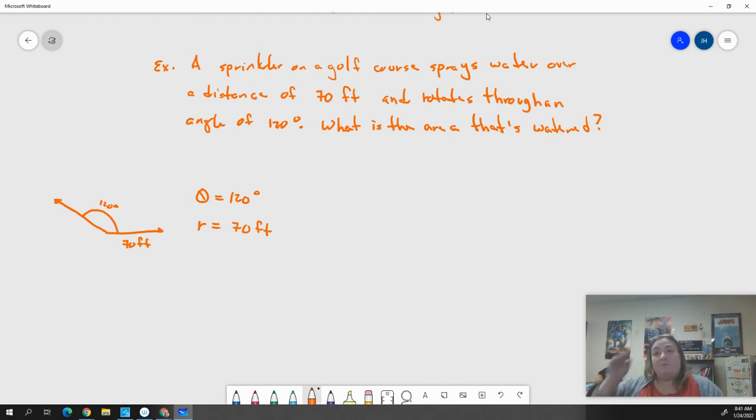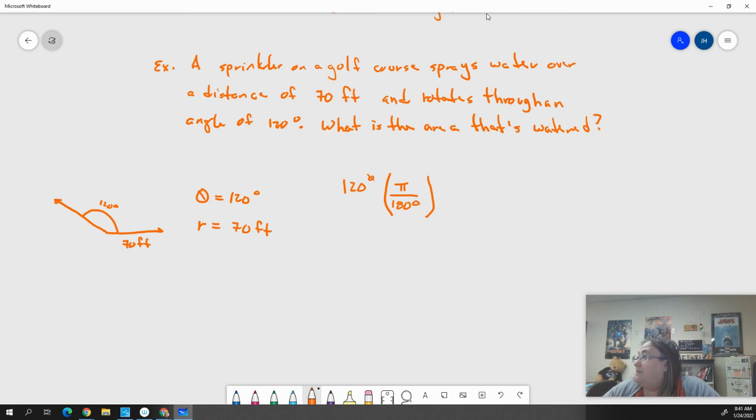I have one problem though with this theta, which is that it is in degrees and I need it to be in radians, right? So I'm going to have to multiply that 120 times pi over 180 degrees, right?